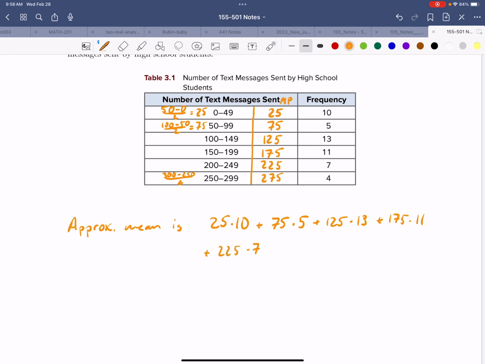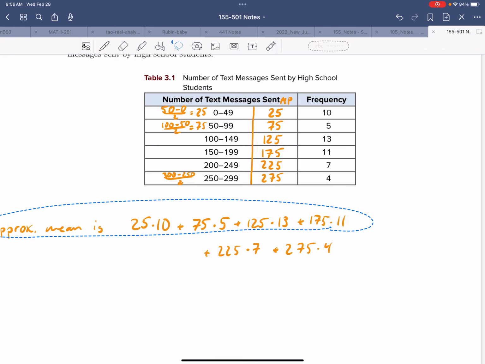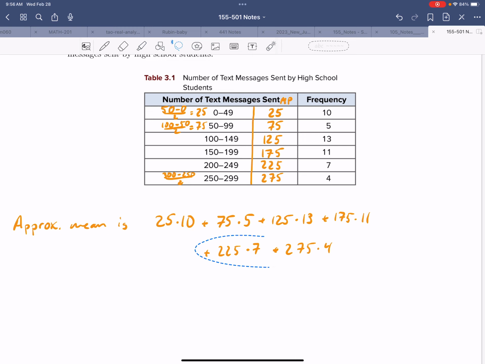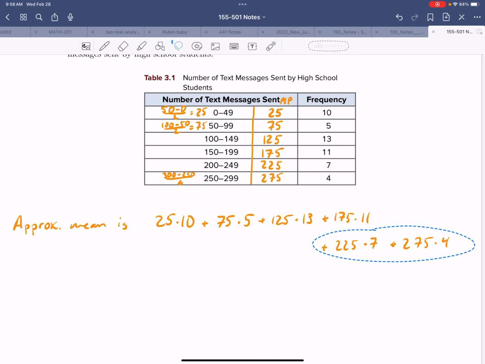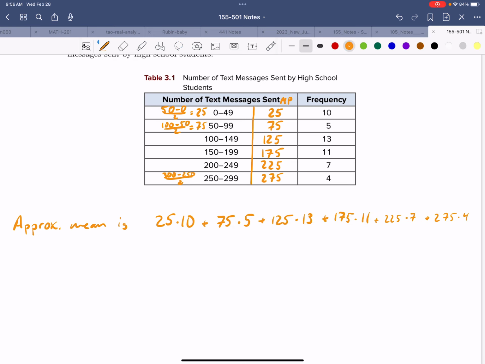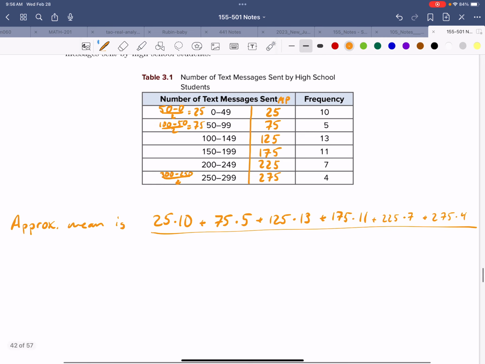225 times 7, that's a times, plus 275 times 4. Maybe I'll try to fit this all in one line if possible. I'm going to need to shrink this a little bit, and that's okay, just so that we can then divide by, now be careful, we're dividing by n.